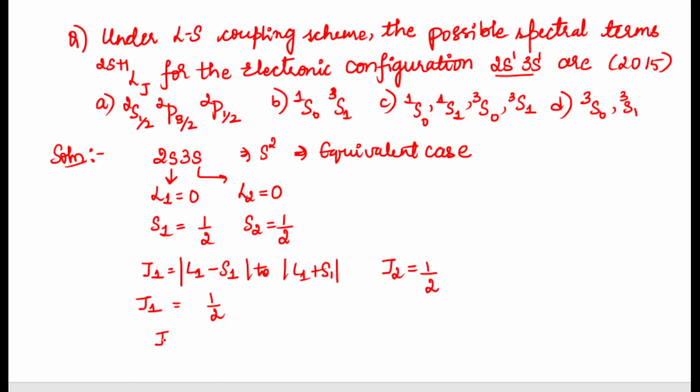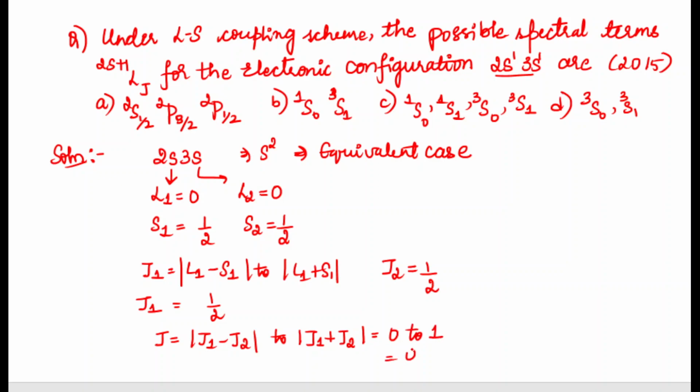Now we want the total angular momentum. J is nothing but J1 minus J2 to J1 plus J2, right? So J1 minus J2 is half minus half, which is 0. J1 plus J2, half plus half, is 1.